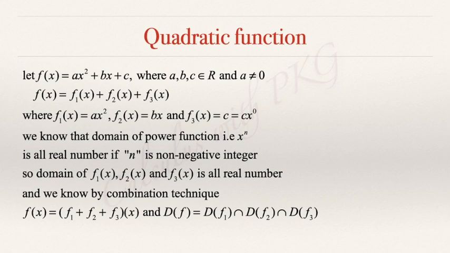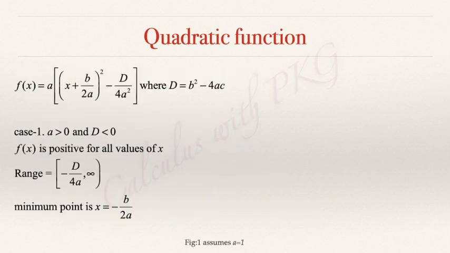That means the domain of the function f, which is the quadratic function, is the common domain of function f1, function f2 and function f3. So the domain of the function ax square plus bx plus c is also all real numbers.